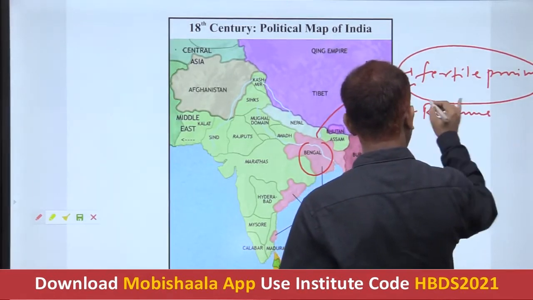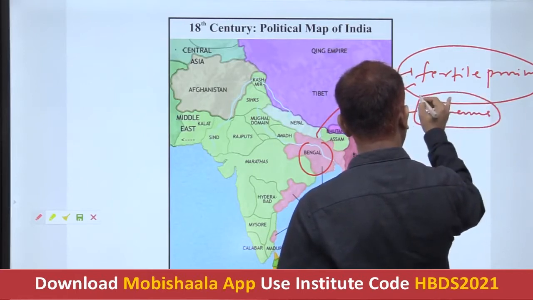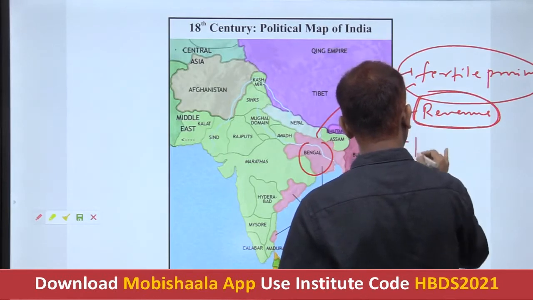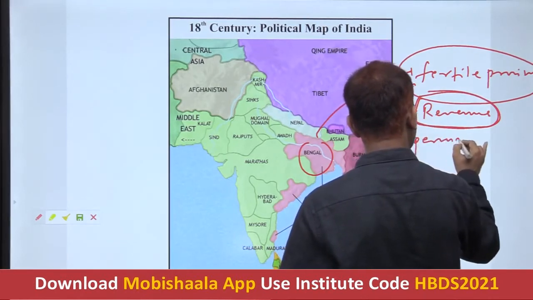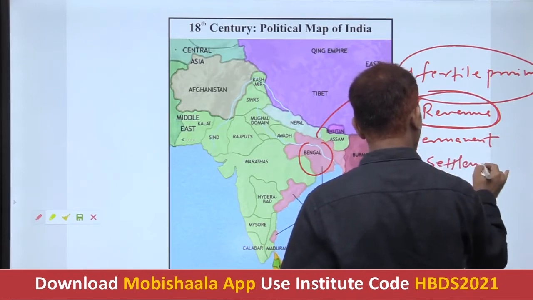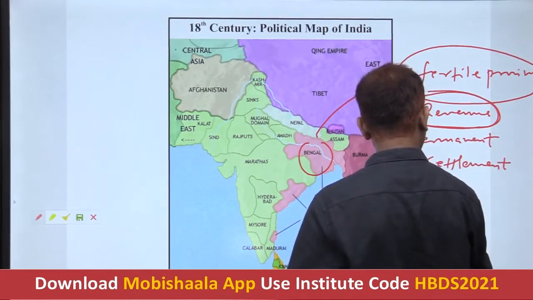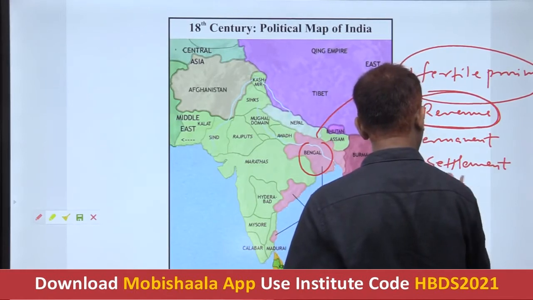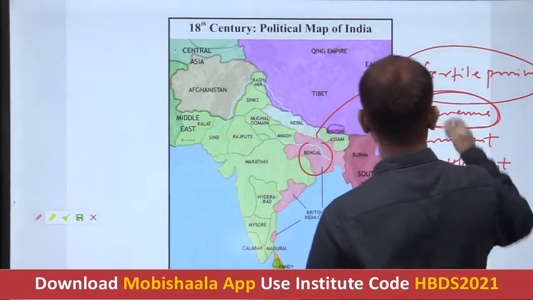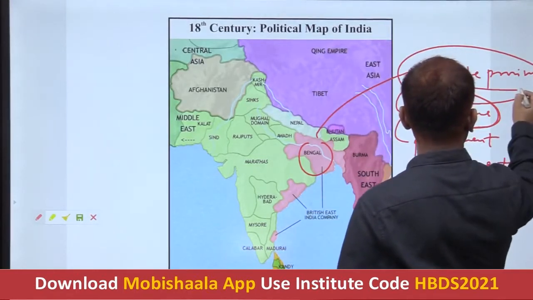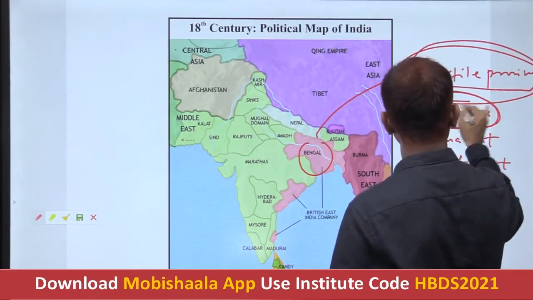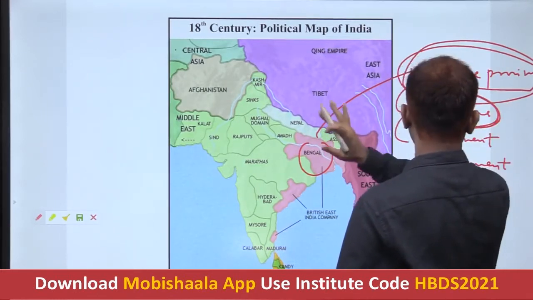You can see later on that when Cornwallis came to India as a British Governor General, he implemented permanent settlement in Bengal and took nearly 89% revenue from the peasants by the way of zamindars. So it was extremely fertile areas, and so it was to provide ample revenue for the British company in future.